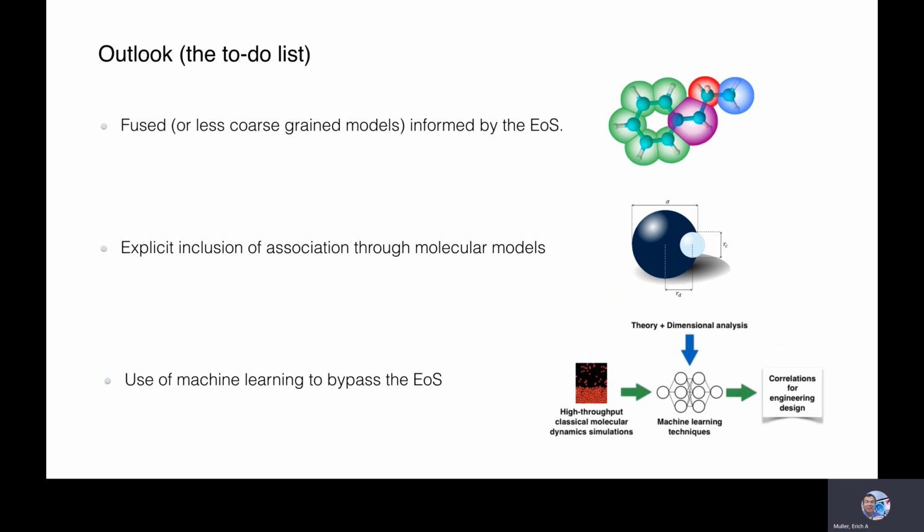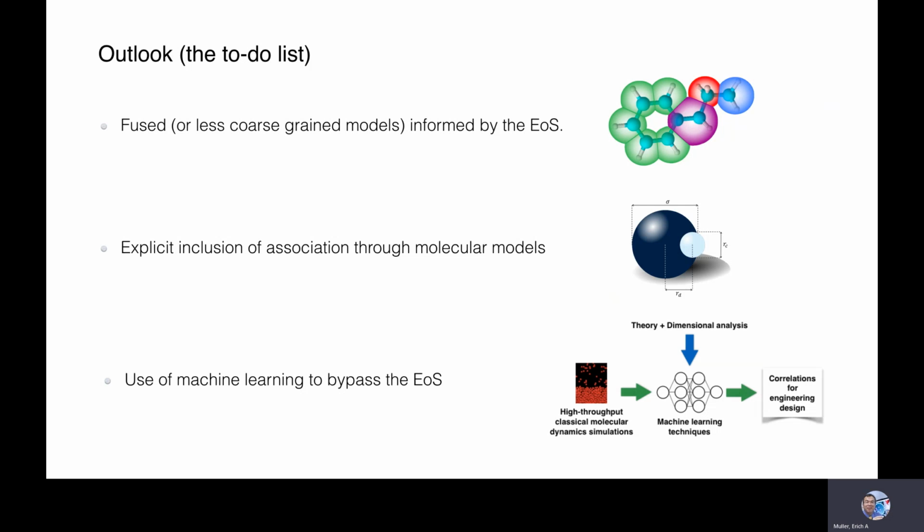There are other things on our to-do list to improve the model, and some researchers have been working on this. One is to look at fused or maybe less coarse-grained models, to exploit the fact that the equation of state can describe molecules as fused molecules, and to use that information to build more detailed models that could incorporate a little bit more chemical specificity.